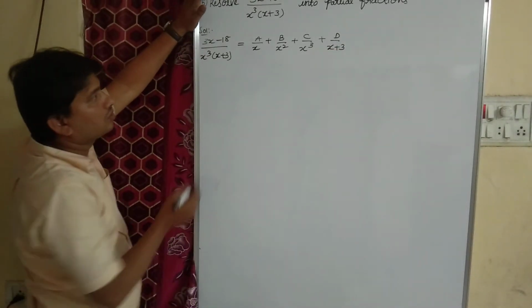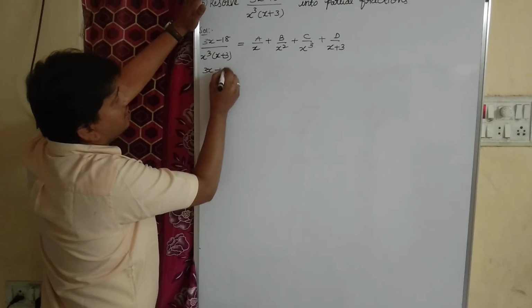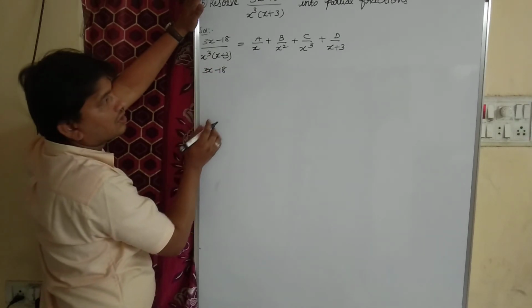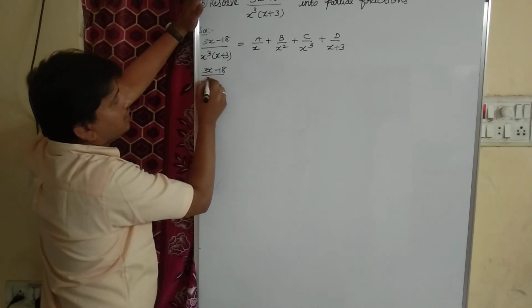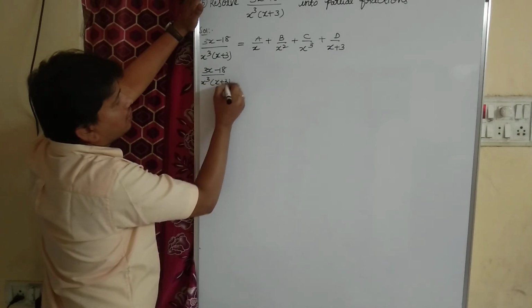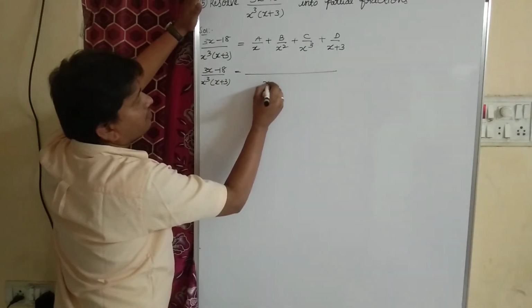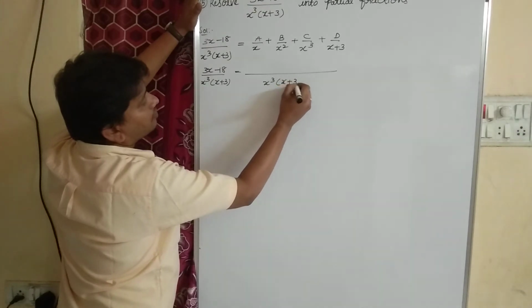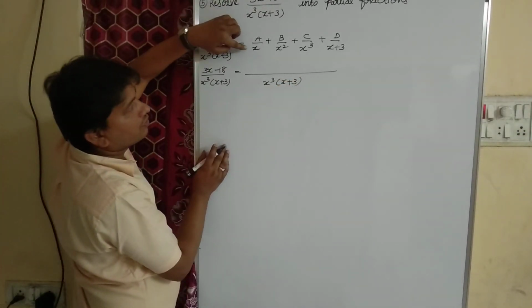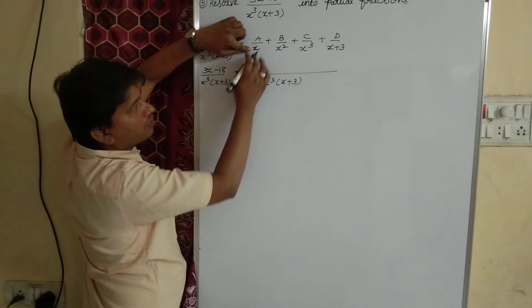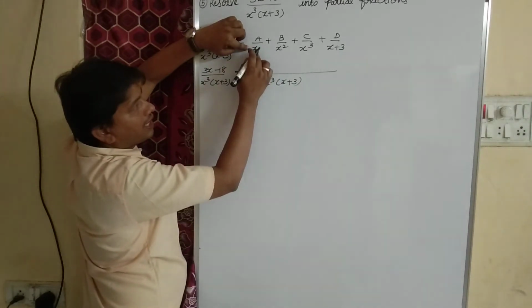Now (3x minus 18) by x cube into (x plus 3) equals, LCM is x cube into (x plus 3). We have only the x term here, so to get x cube we need x square.